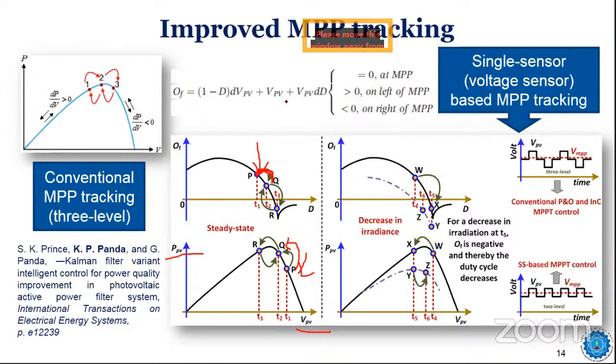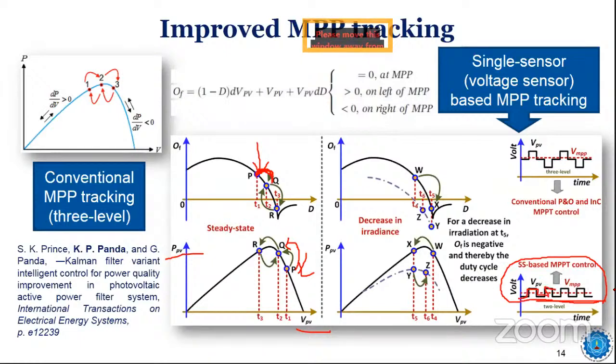Because of employing the voltage sensor, I am able to get the output of this voltage sensor based single sensor MPPT with lower oscillation, because the movement is from R to Q, Q to R. I am getting a two level output.